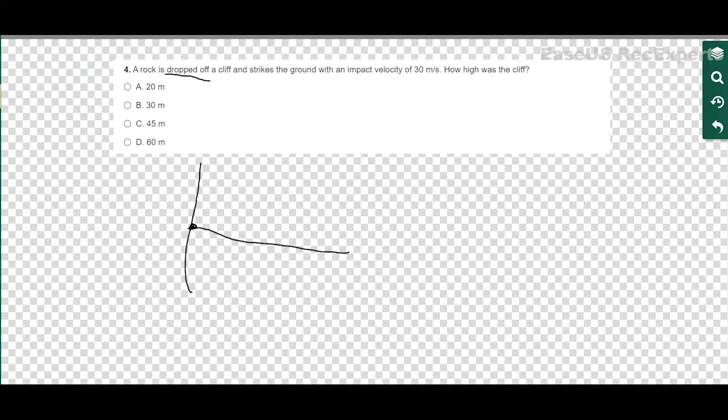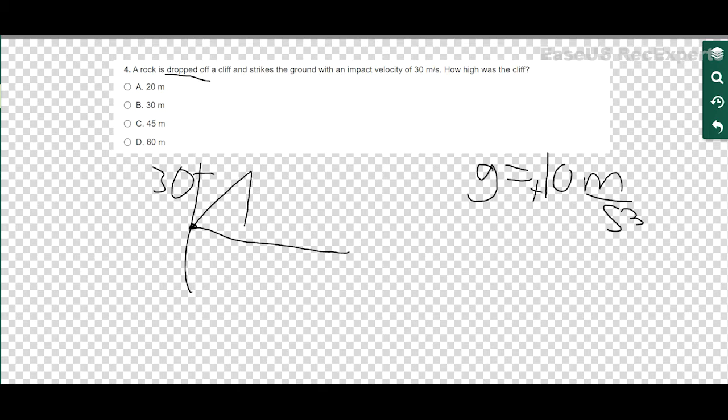So now the only force acting upon it is gravity, and we're assuming that gravity is equal to 10 meters per second squared. Sorry, negative 10 meters per second squared. And with an impact velocity of 30 meters per second, because this is positive, we're assuming that the positive direction is actually downward. So we'll actually have that as 10 meters per second squared. So we're going to set this equal to 30.